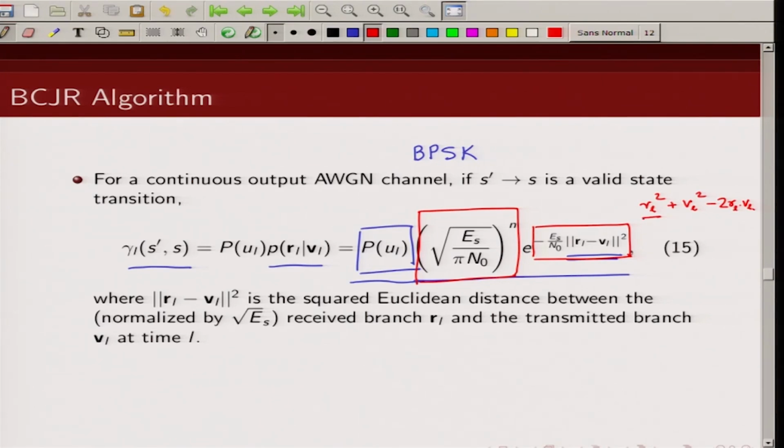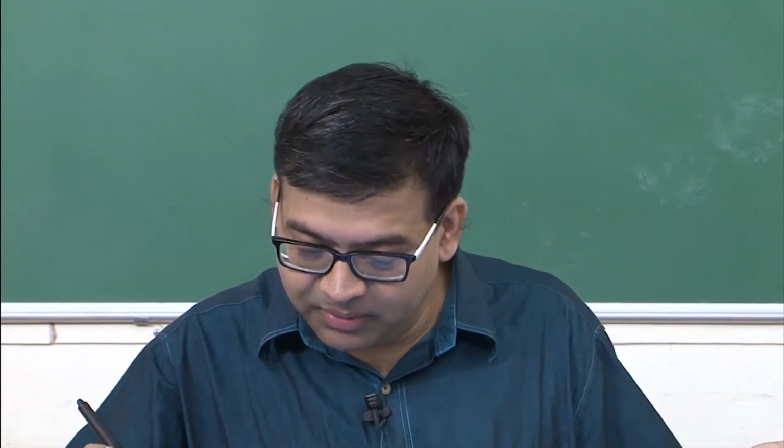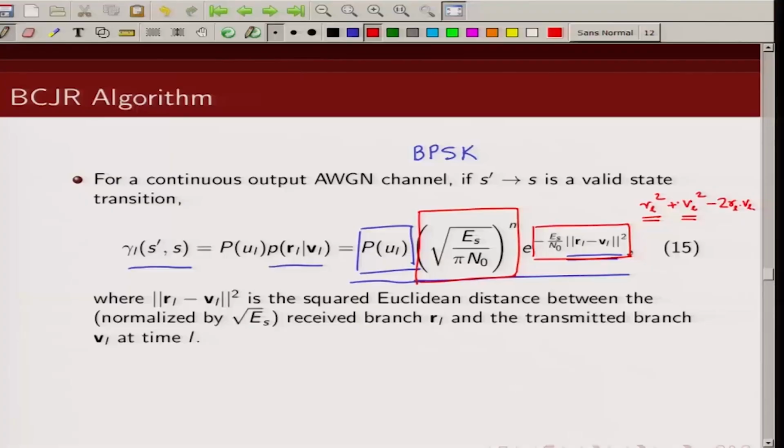This R L square term does not depend on what my V L is, and since we are considering a BPSK modulated signal, whether U L is -1 or +1, V L square will basically be the same, just 1. So the only term that changes with the choice of V L is this particular term. So we can simplify our gamma L like this.